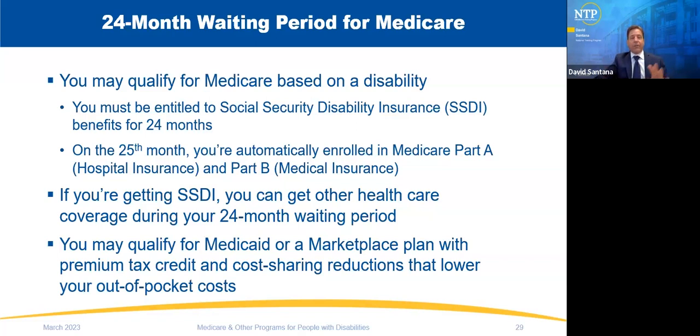And about 34 states plus DC have that agreement with Social Security, so once Social Security determines SSI eligibility, those individuals are automatically eligible for Medicaid.